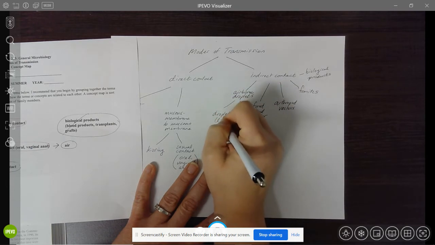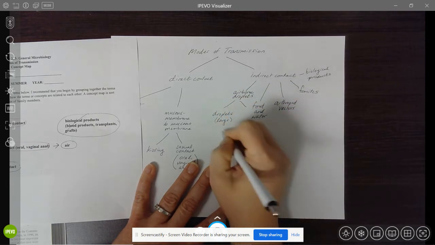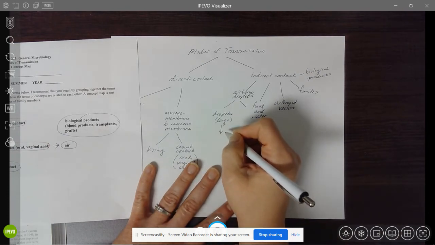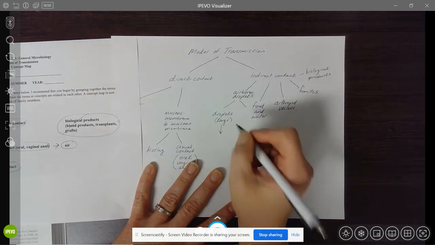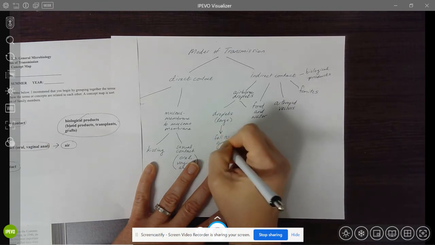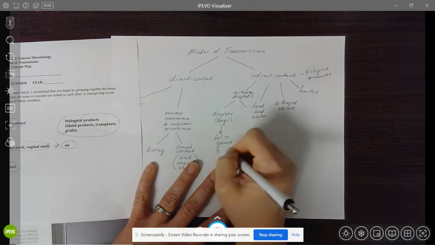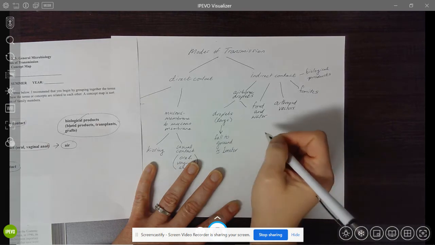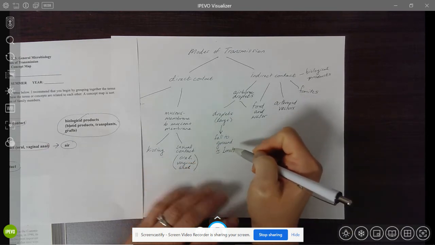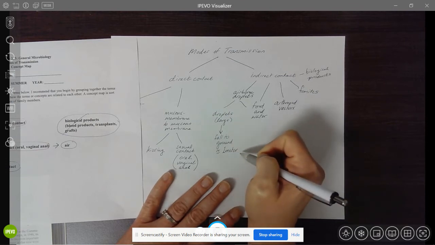These tend to be rather large. And when these come out of a portal of exit, typically from coughing or sneezing, then they tend to fall to the ground within about 1 meter. So if you've had Biology 121 or something similar, hopefully you remember what a meter stick looks like. So these large droplets, they fall to the ground typically within about 1 meter.